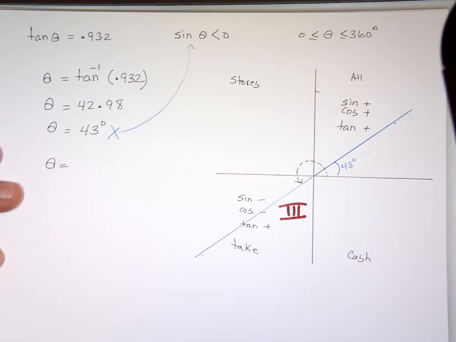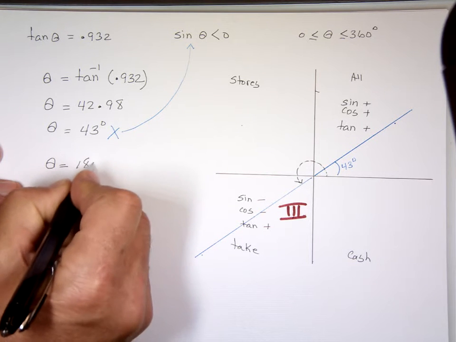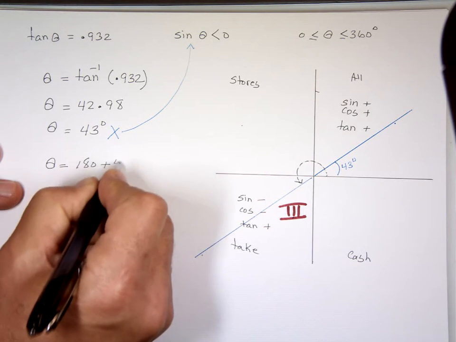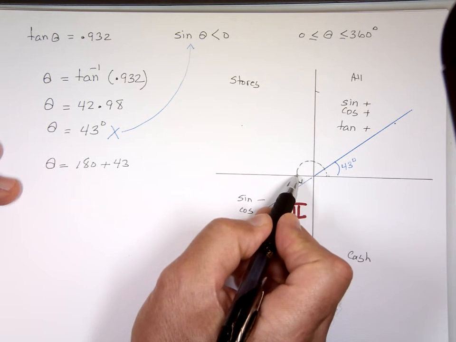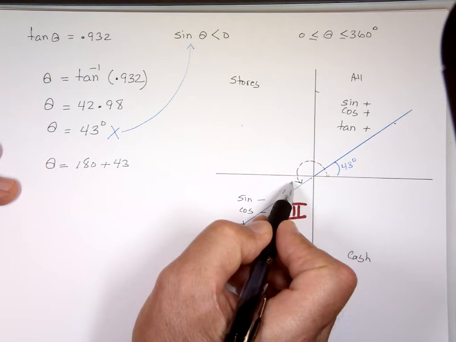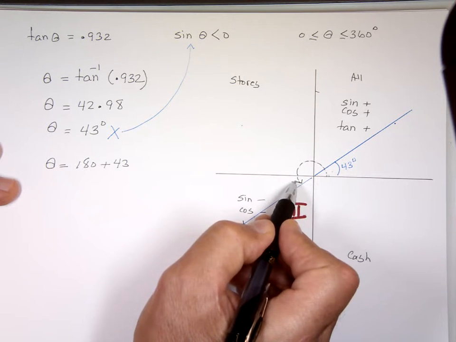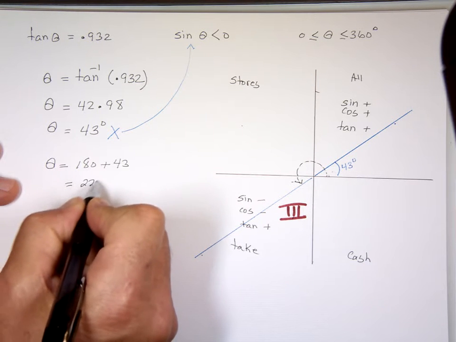Can we figure it out? It's 180 plus the 43. Because if you start from here, you go 180 degrees to get here, and this is the same size as this. These two. So that's equal to 223 degrees.